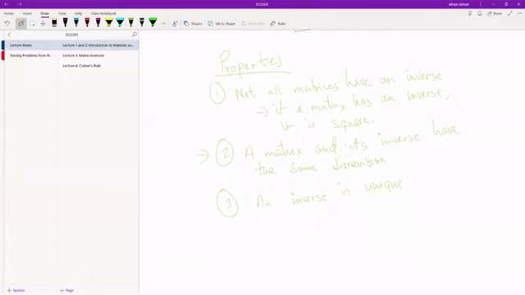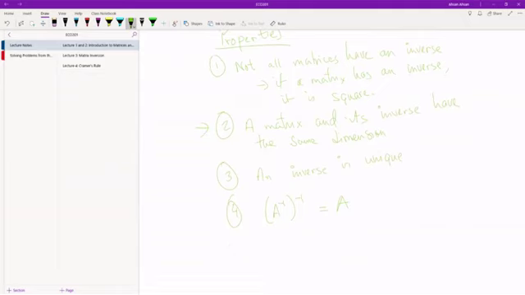And a few more. Let's go through all of this. If we have inverse of A and we take the inverse of that, we arrive at A. We have AB and we take an inverse, we get B inverse times A inverse.